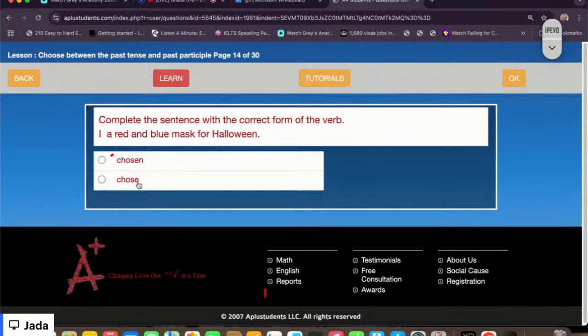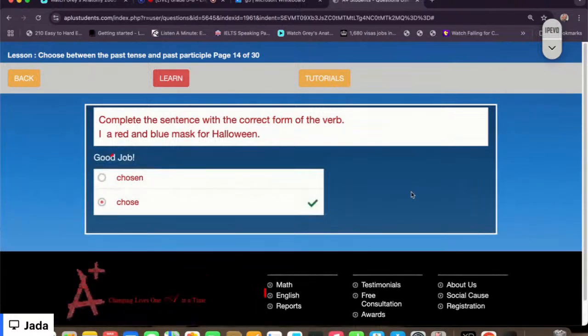So I chose a red and blue mask for Halloween. So chose.